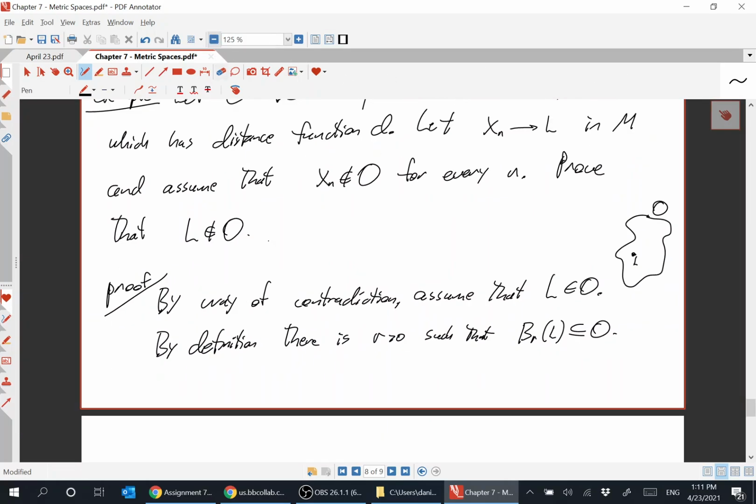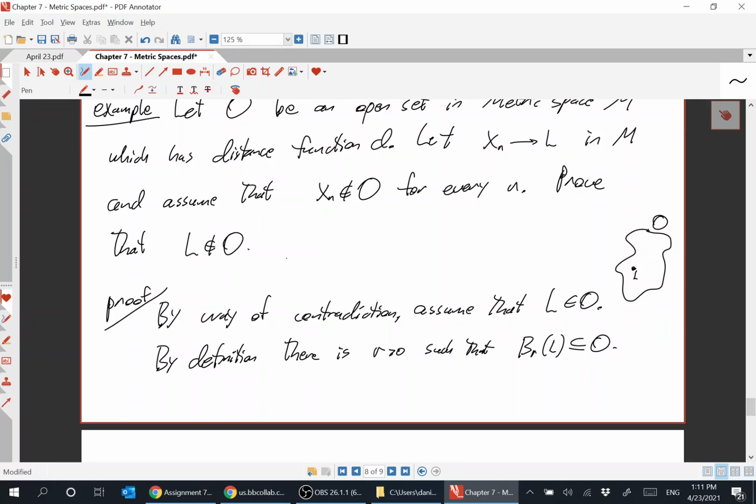Now remember, xn converges to L. Because xn converges to L, what has to happen? There is some natural number n such that the sequence gets stuck in the ball. But the sequence is where in regard to the open set?